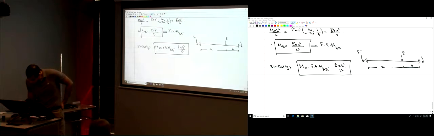So this fixed end moment AB is P A B squared over L squared, and this one is P A squared B over L squared.